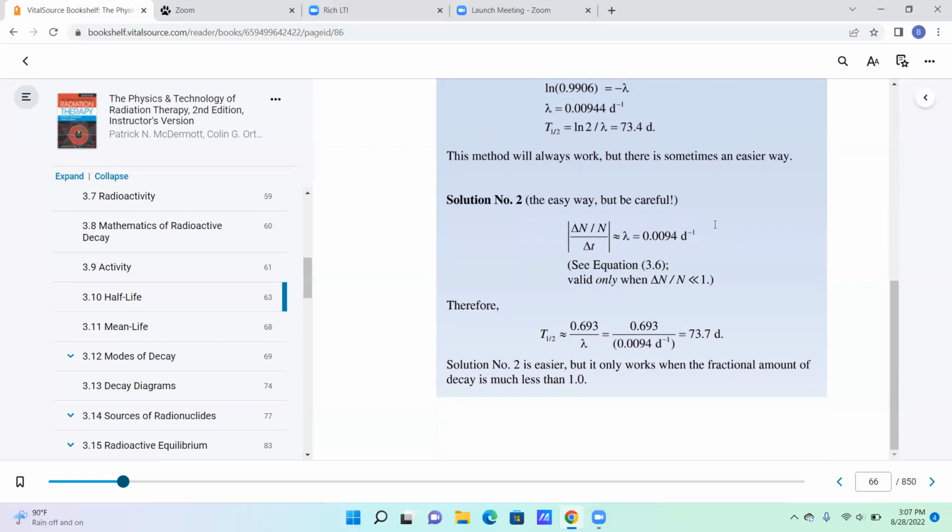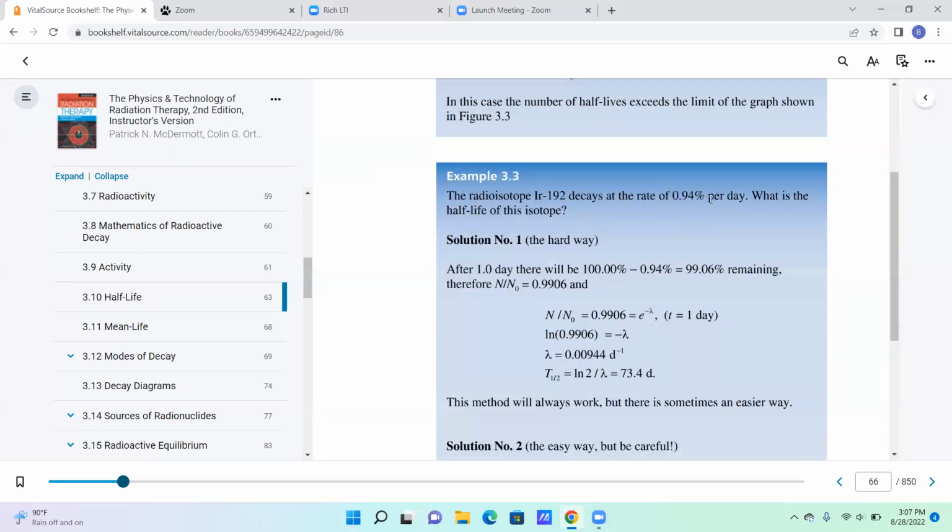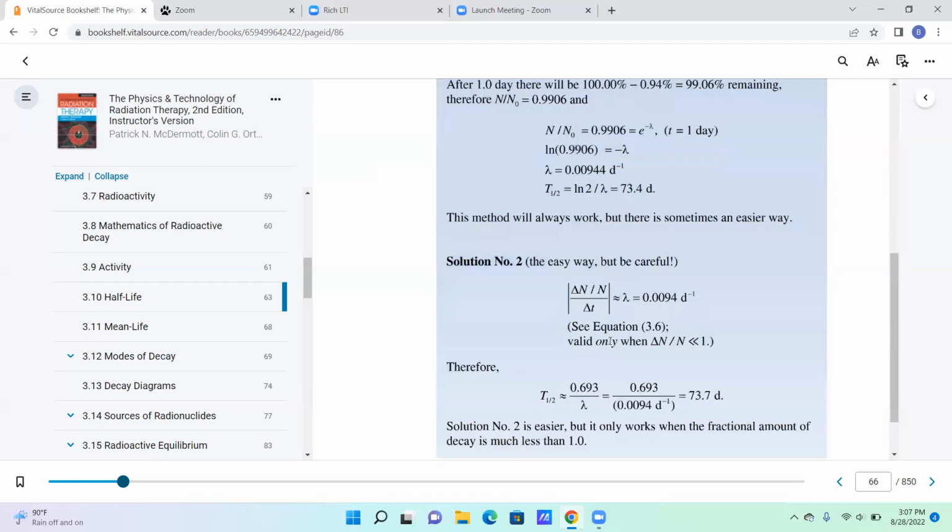In this particular case, we also know that lambda is equal to the change in N divided by N, and all of that divided by t, which we know is 0.0094 per day, because we know that's what the decay rate happens to be.